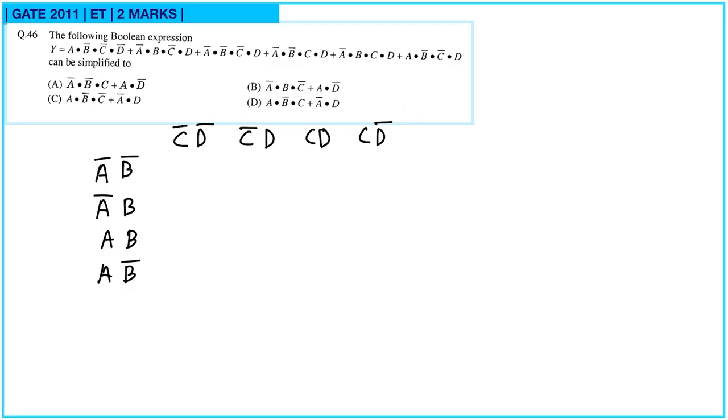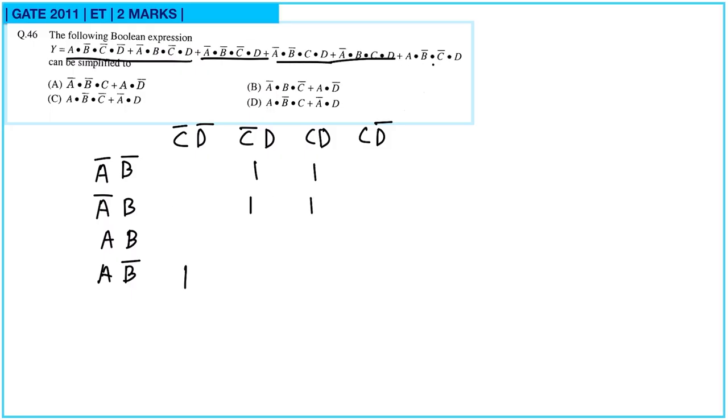Now first one is A B bar, so it will come here, C D bar, so here. Then A bar B, C bar D, so A bar B and C bar D. Then A bar B bar C bar D. Then A bar B bar C D, then A bar B C D.